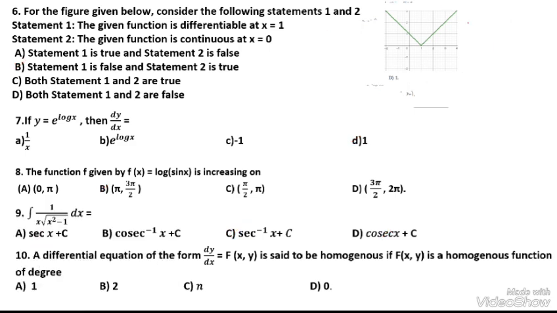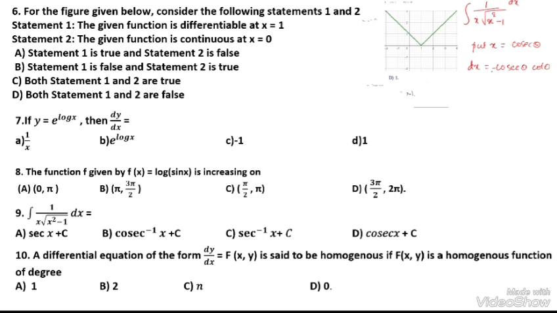Integration of 1 divided by x root of x square minus 1 dx. Put x is equal to cosec theta. Then differentiation dx. Differentiation of cosec theta is minus cosec theta cot theta d theta.